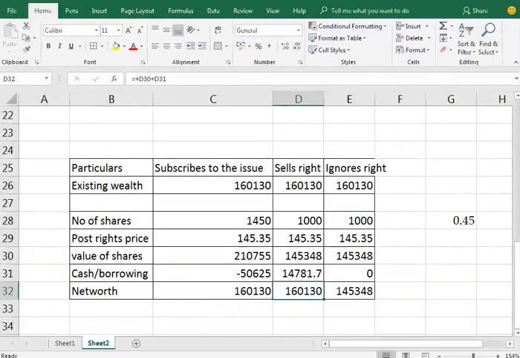The company plans to issue 1,80,000 shares for existing 4 lakh shares.